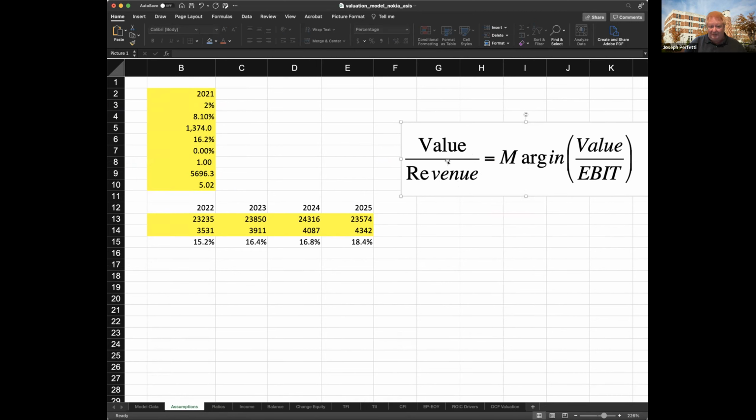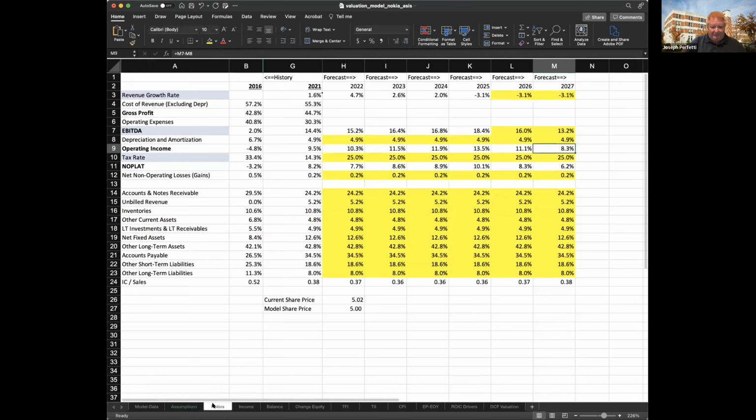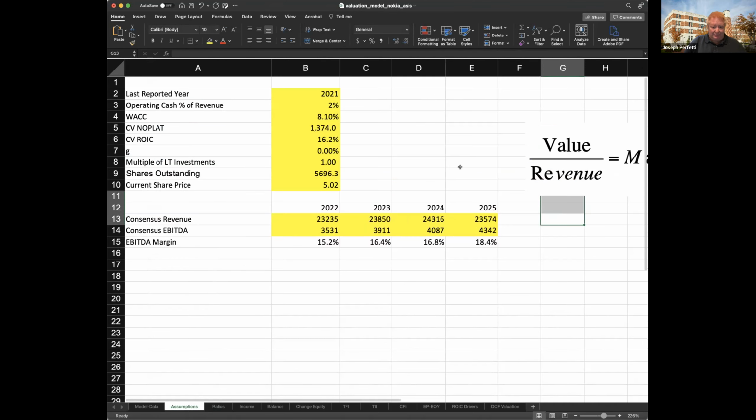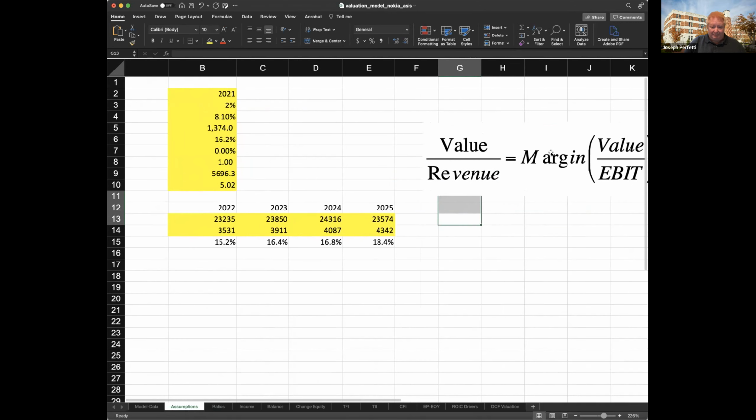If I know the EV to sales and EV to EBIT, divide, that gets me my margin in perpetuity, which by the way, is that number, M10. So M10 can be solved for with this equation because that's the margin in M10. Okay. So hiding in plain sight in the multiples of the company is the long-term margin of the business.